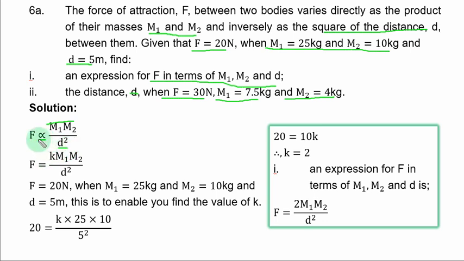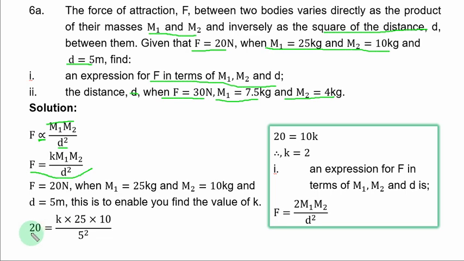As you are doing that, you introduce the constant of variation k or c, and you have it in this form. The reason why the force, the two masses, and the distance are given to you first is to enable you find k in order to establish the formula that connects the force, masses, and the distance.